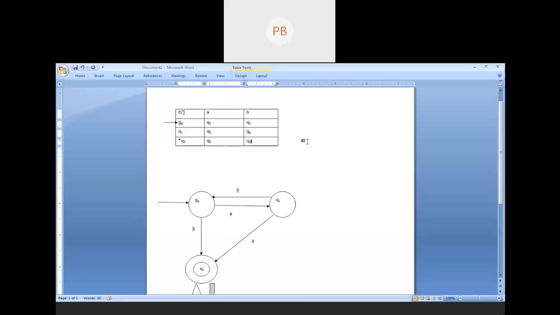That means we are representing the same thing, but the way of representation is different. In one we use graphics, in the other we use tabulated data. So everyone write the definition of transition table.